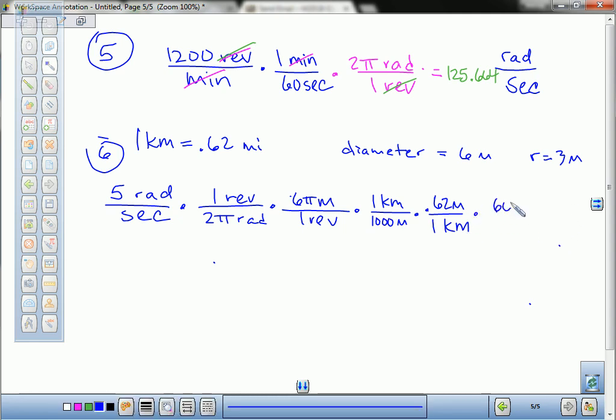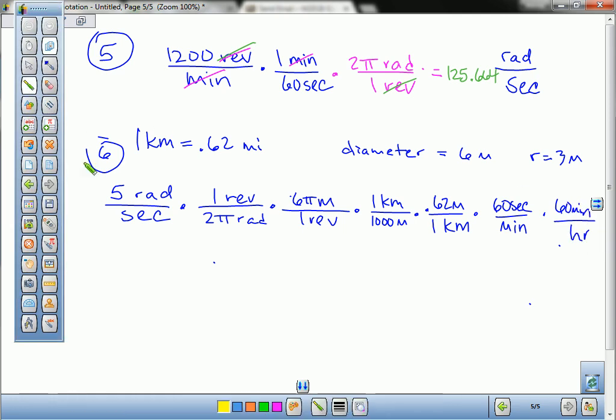And then there are 60 seconds in a minute, and 60 minutes in an hour. I think we did it, folks. All right, let's go carefully and slowly. Rad, rad, rev, rev, meter, meter, kilometer, kilometer. So I'm left with miles.